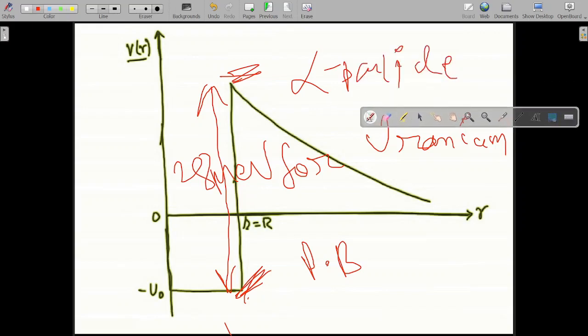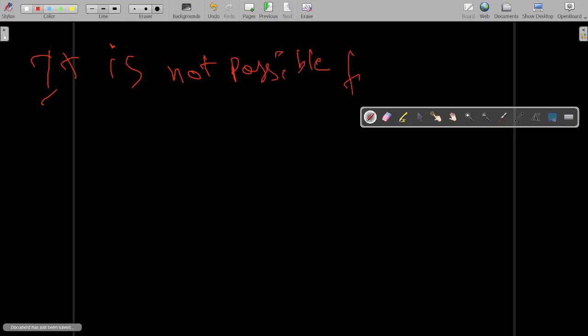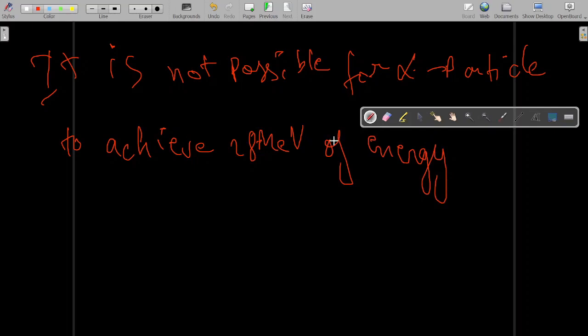It is not possible for an alpha particle to achieve 28 mega electron volt of energy in practice.